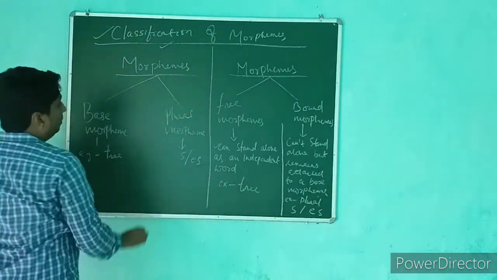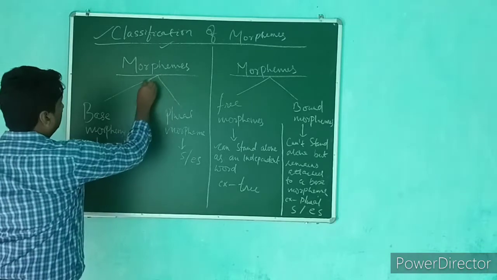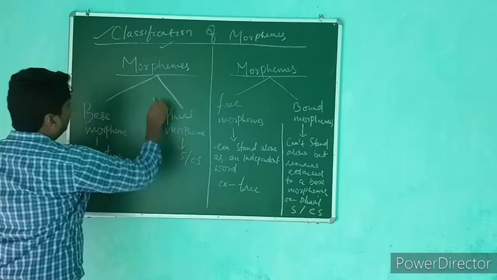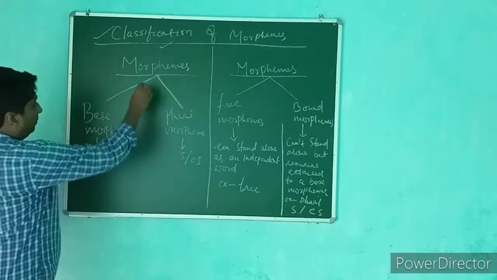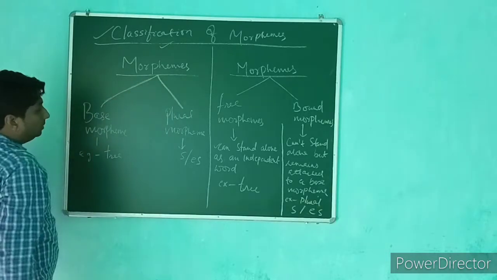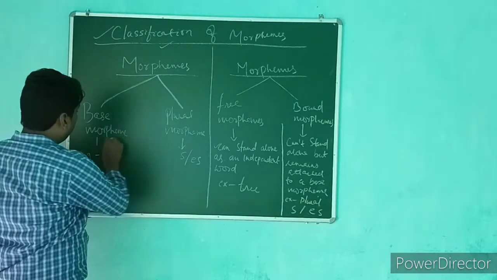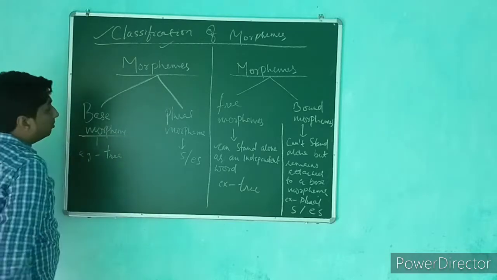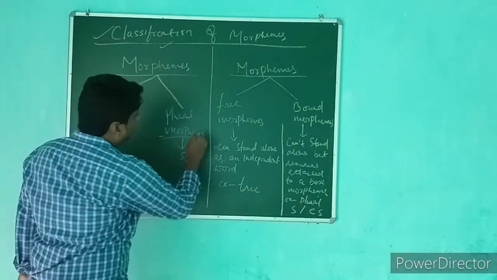The first method is that, as you can see from this chart, morphemes are divided into at least two different categories. The first one is a base morpheme and the other one is a plural morpheme.